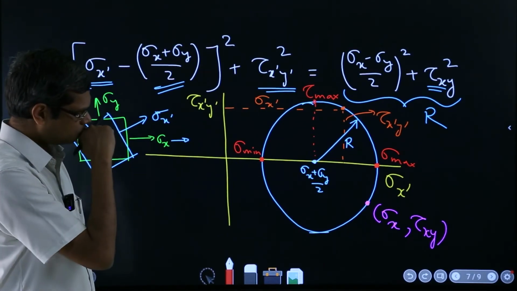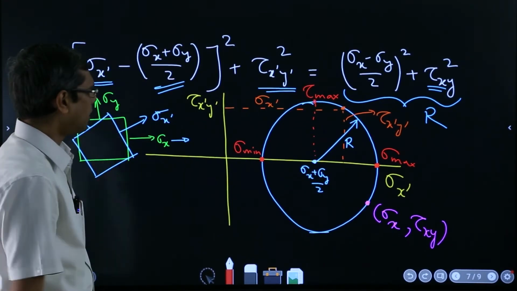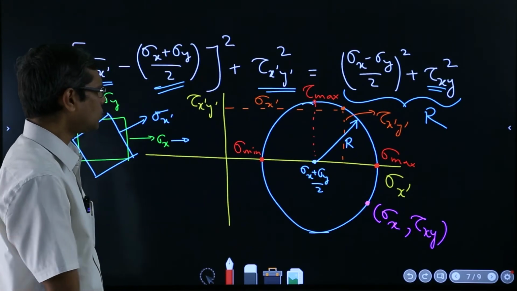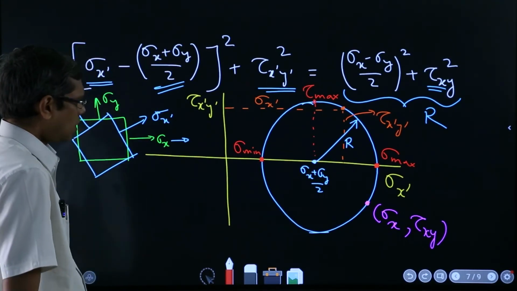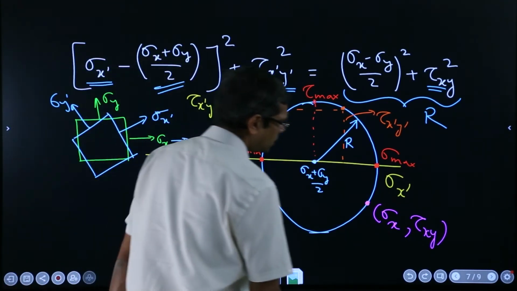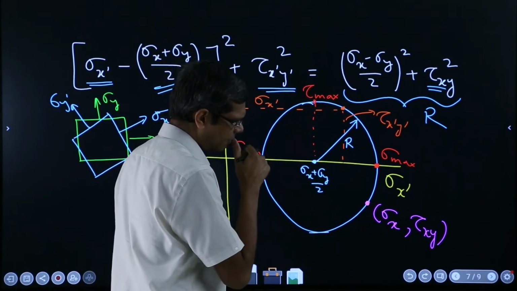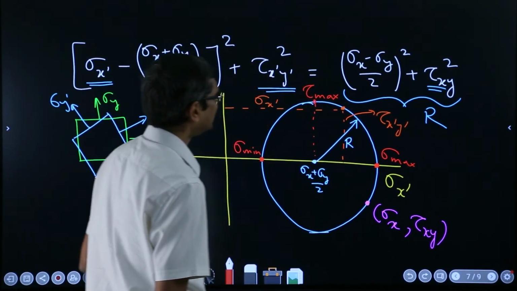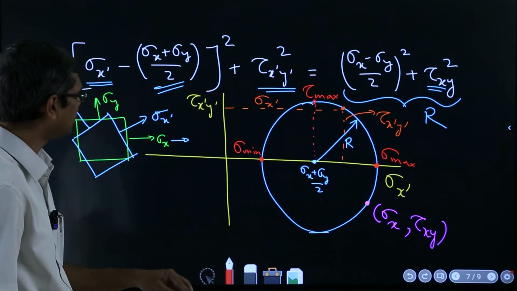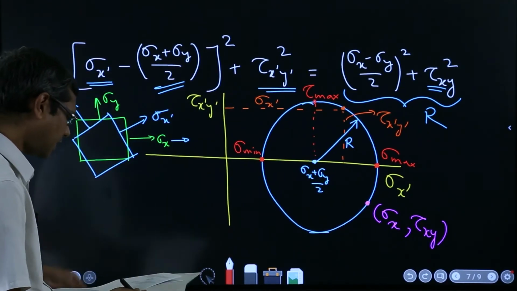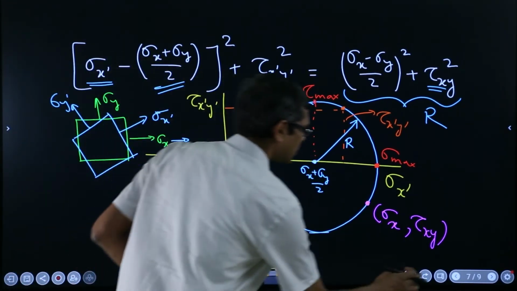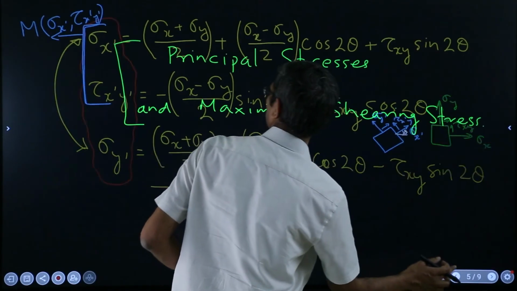Now the thing is, to get the angles at which these things happen, you can do one thing. For example, we will just go to these expressions.